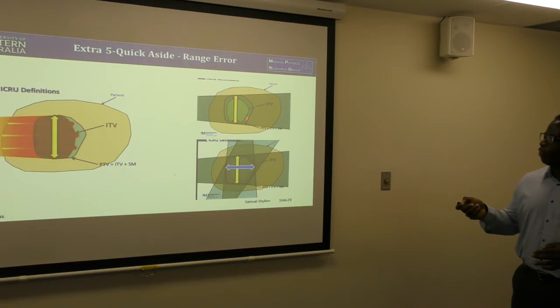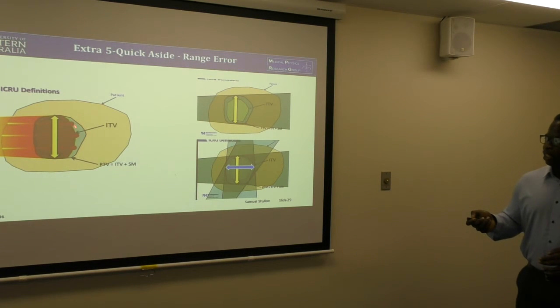So why do we have a margin here? We have a margin here because we're using multiple angles, so we need a margin to account for the different angles. In protons, if you can see, the beam stops, it doesn't continue through. So the margin is specified for this part of the beam using the range uncertainty, not the geometric uncertainty.